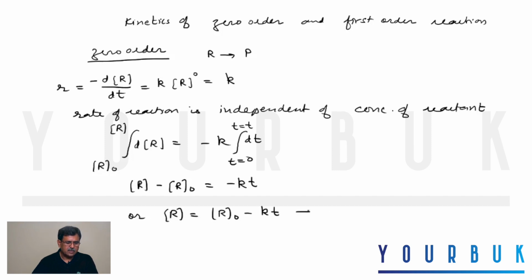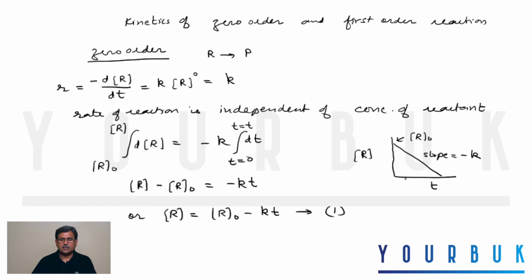Now this is a very important equation. This is equation number 1. If we plot a graph between the concentration of the reactant R against time, then the graph is a straight line and the intercept is equal to R naught, and the slope of this line is equal to minus K. So if any reaction has a graph between the concentration of reactant and time as a straight line with slope equal to minus K, it means it's a zero order reaction.